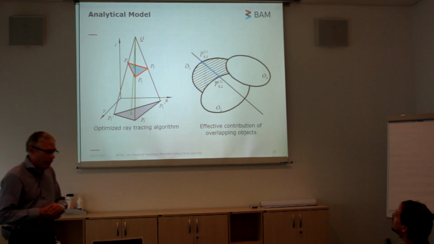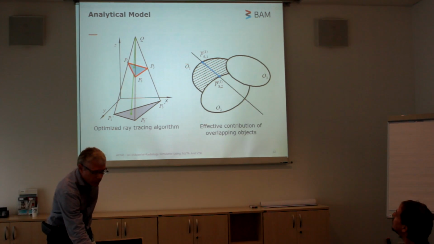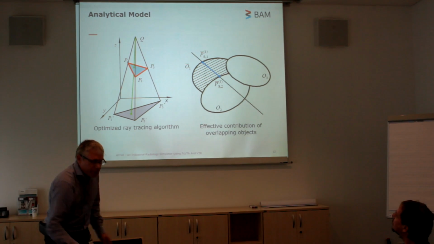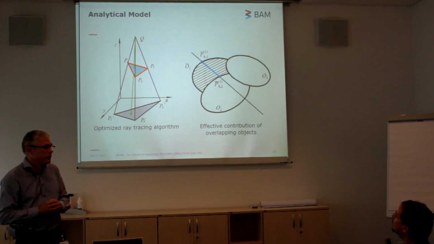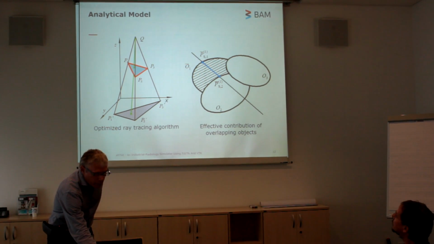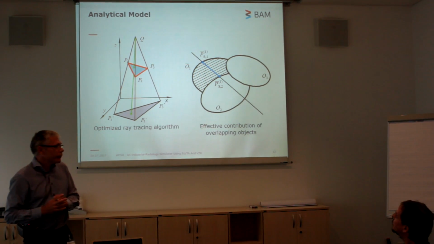A little theory about the analytical model. We only follow straight lines from the source to the detector. And here we have implemented an optimized ray casting algorithm. So we only handle triangulated objects.